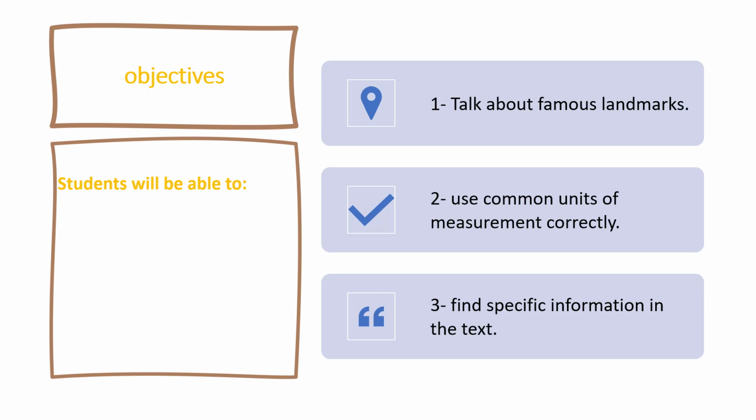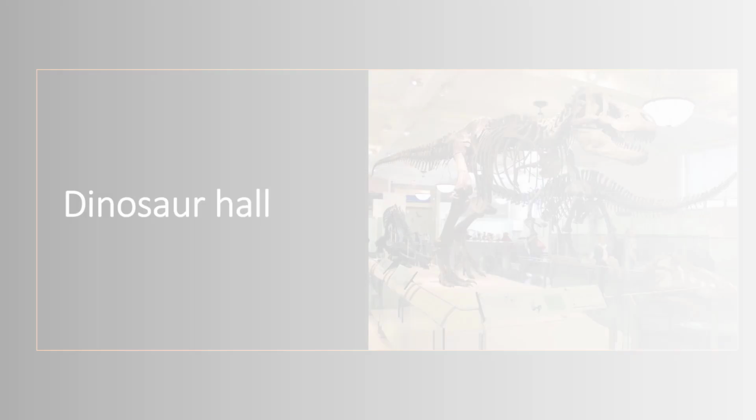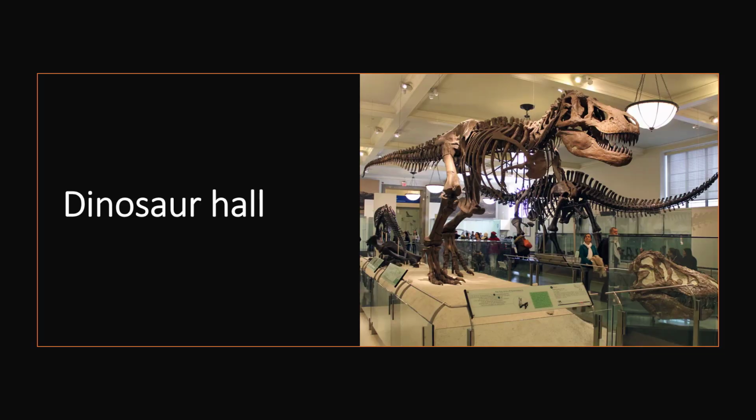Then number 3, we are going to find specific information in the text when we are answering the questions that follow the text. At the beginning, let's start with the vocabularies that we are going to go through in this lesson. Number 1, dinosaur hall أو القاعة التي يعرض فيها dinosaurs أو حفير الديناصورات.